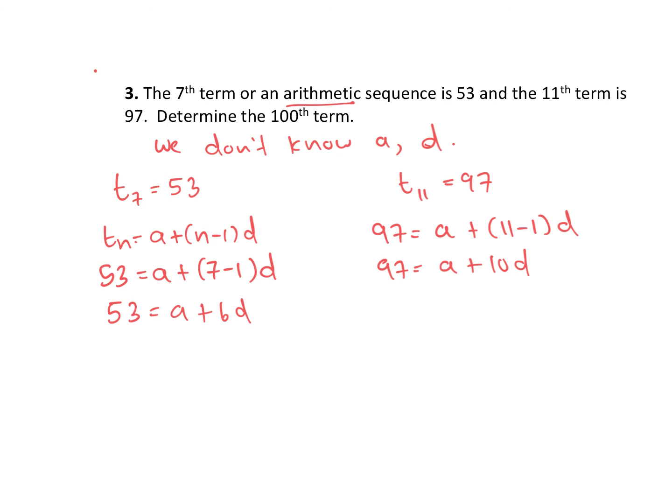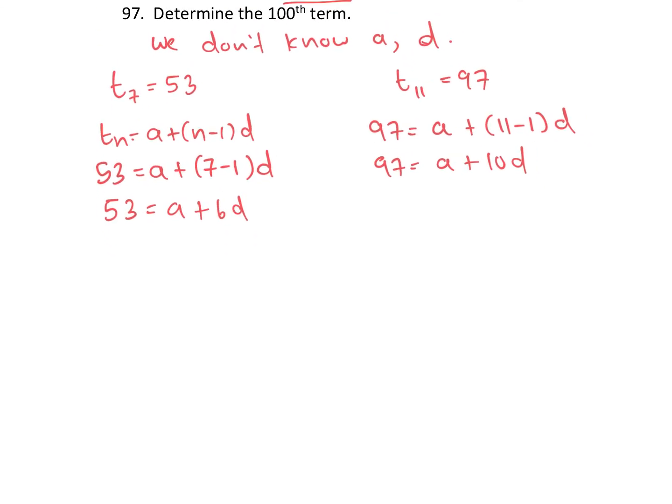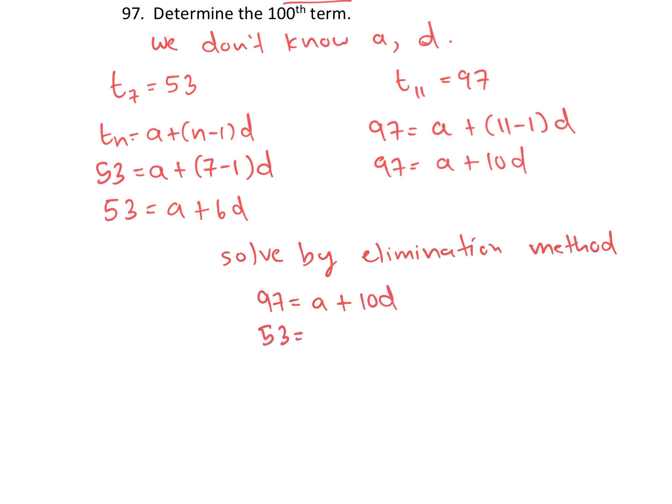So if you remember from grade 10 math, we can solve this system because we have 2 equations and 2 unknowns. We can solve by either elimination or substitution. I prefer elimination. It's nicely set up for that. You can do substitution if you want. That's up to you. Whatever method you are comfortable with.